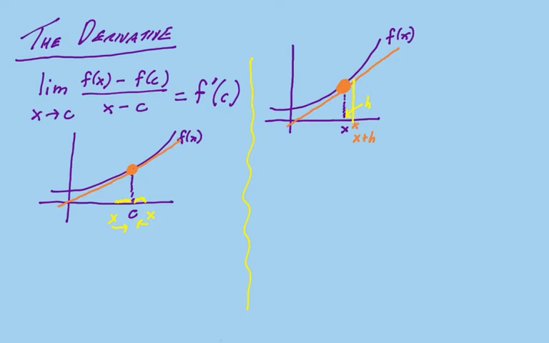So therefore, we actually have a new limit definition of the derivative. And so, here's what we could do. What if we took the limit as h approaches 0 of f of x plus h minus f of x all over x plus h minus x.